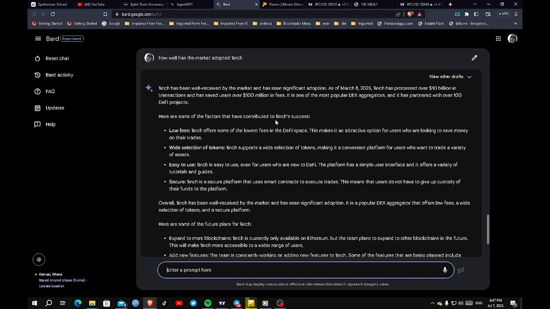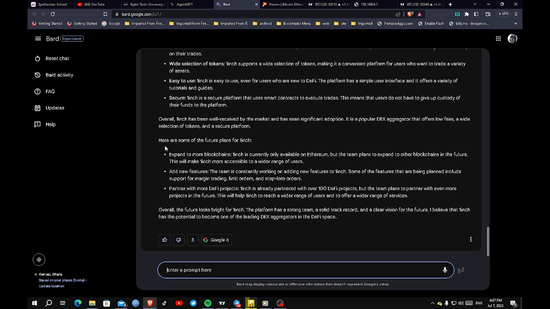Some of the factors that have contributed to its success are low fees, wide selection of tokens, easy to use, and it is also secure. Some of the future plans for 1inch are to expand to more blockchains, add more features, and partner with more DeFi projects. It has already partnered with over 100 DeFi projects.